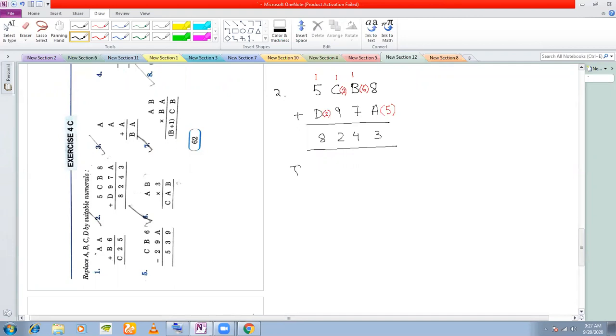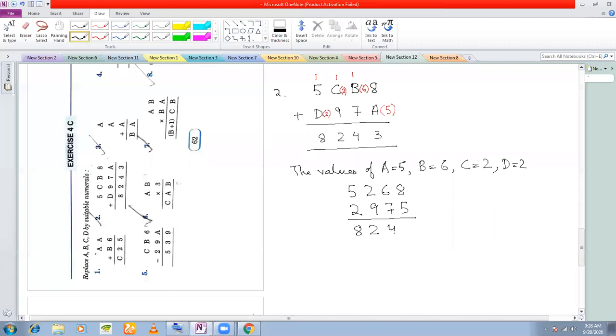So the values of A is 5, B is 6, C is 2, and D is 2. And what is the addition operation? 5, 2, 6, 8, 2, 9, 7, 5. And the actual operation that they wanted was this.